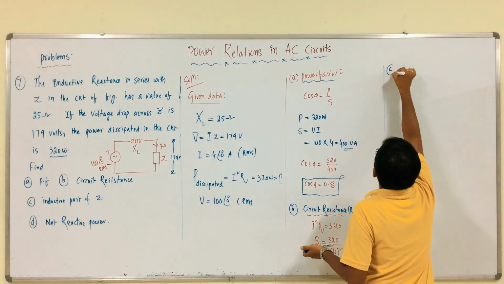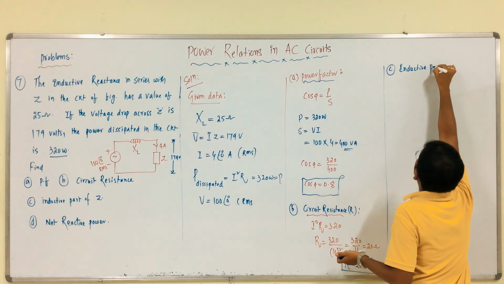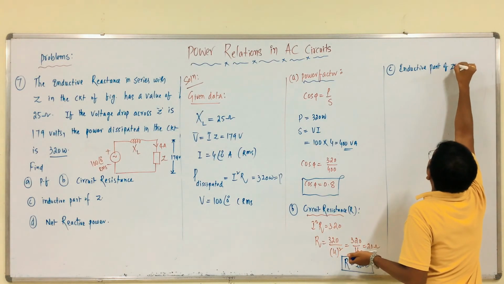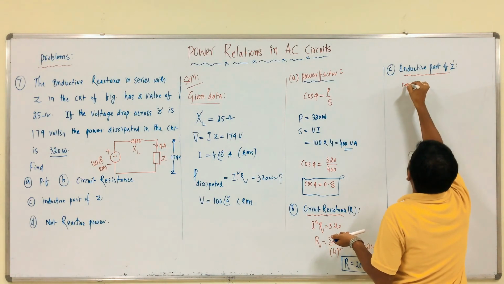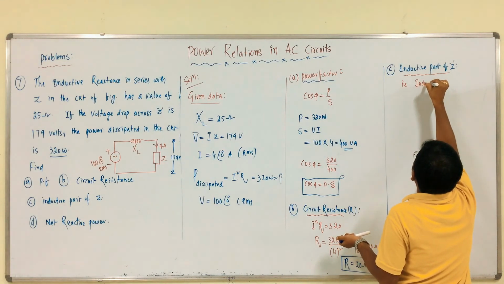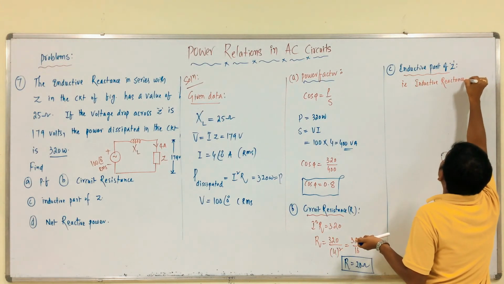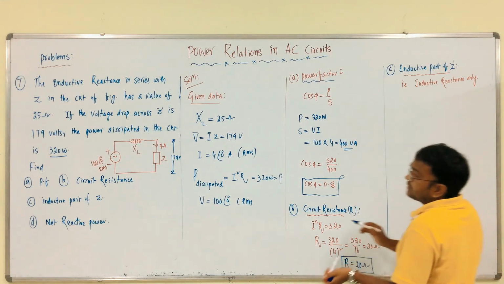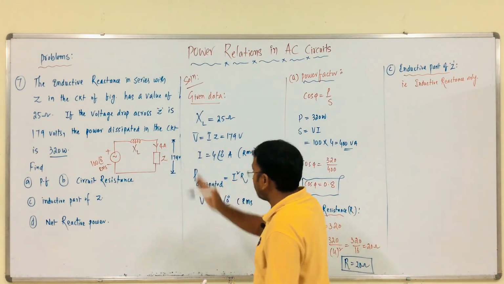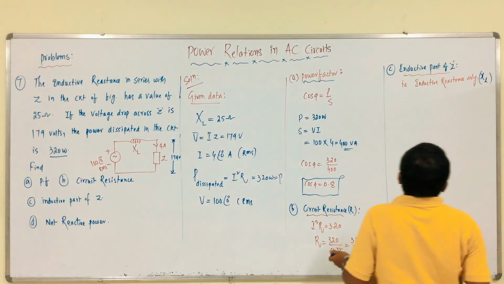Next, part C, the inductive part of Z, that is nothing but inductive reactance only. This is capital XL, now we can assume this is small xl, inductive reactance.